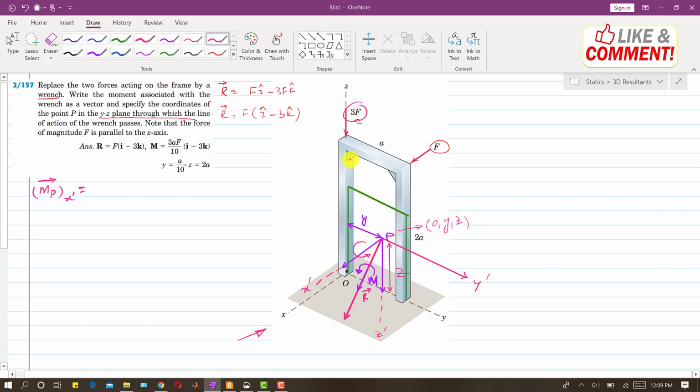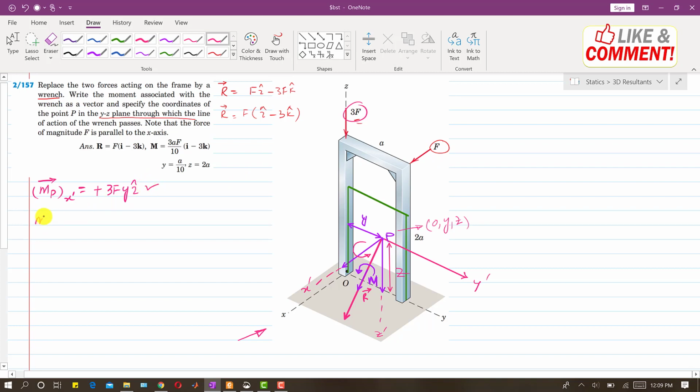This 3F magnitude force will produce a moment in this direction, and if we curl our right hand fingers, the thumb direction will be in the positive X dash, right? So the magnitude will be 3F into this perpendicular distance, Y, and since the direction is in the positive X dash, we will write positive i, right? And since this force is parallel to this X dash axis, it will not produce any moment about the X dash axis, right? So this is the moment at point P along X dash.